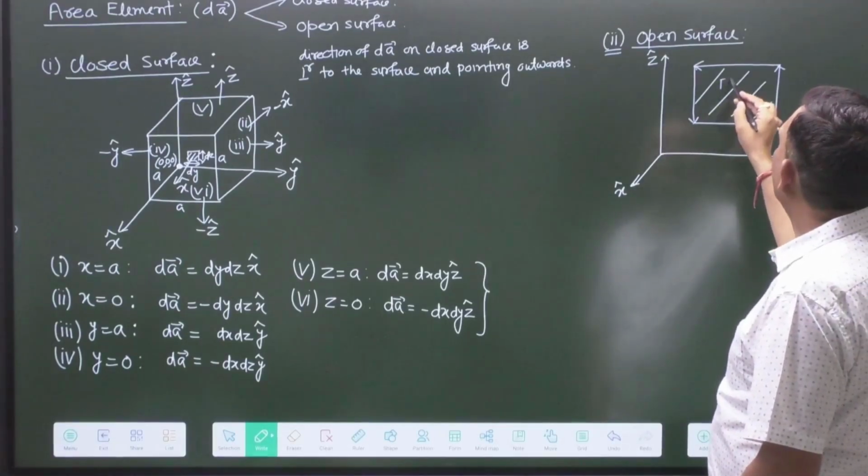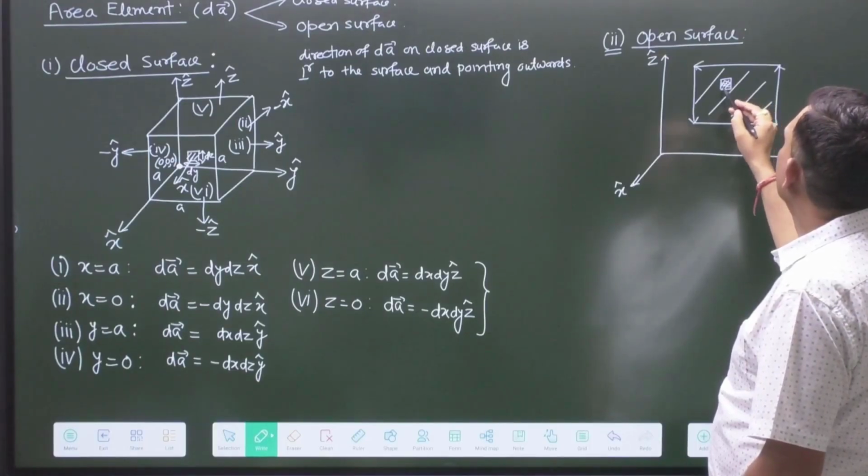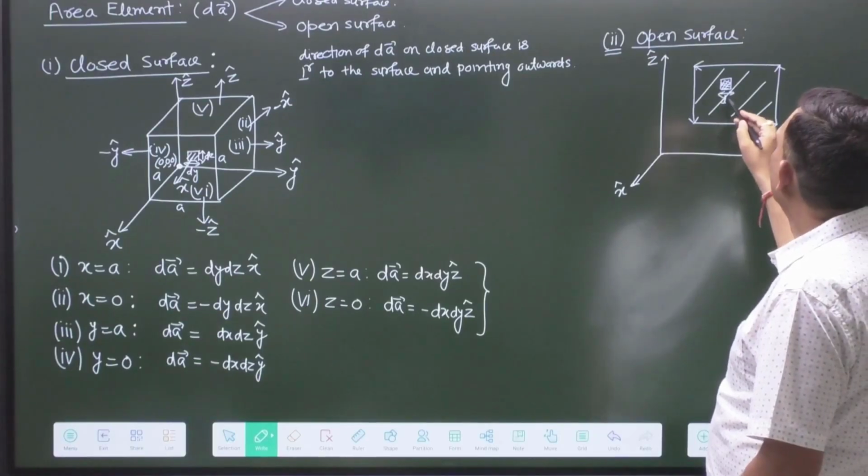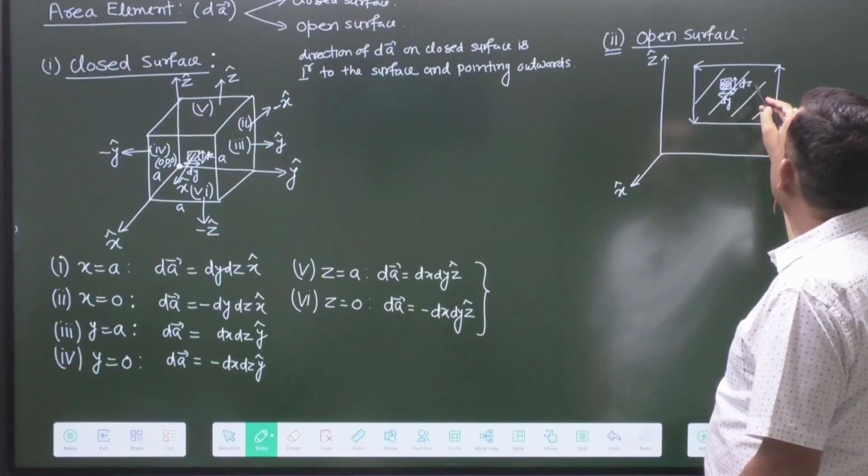So again we will write this. What will be this length? dy. What will be this length? dz.